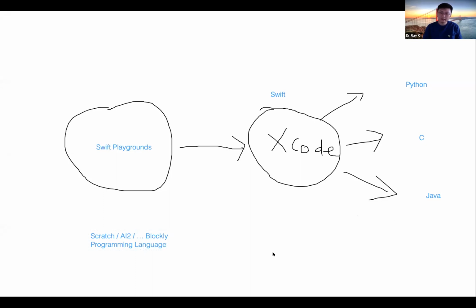The nice thing is, you can see I can always teach my daughter on this blockly programming, which is good. But on the other hand, there's a transition that you need to go through because you are not going to write blockly language for Python, C, Java. We are always saying we are coder. We are typing line by line code. So there's a transition from blockly to line language.